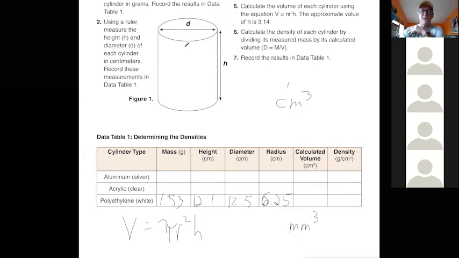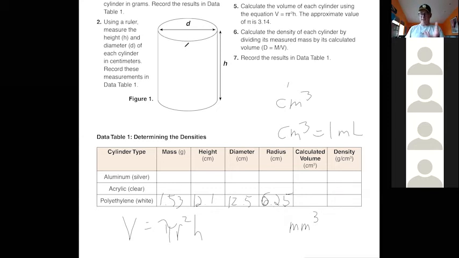Because what's another expression for centimeters cubed? What's another measurement of that volume? Milliliters. That's right, one cubic centimeter equals 1 milliliter. And that's what we measure density in.